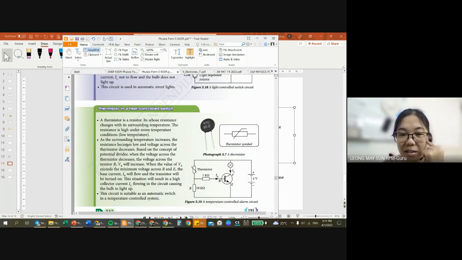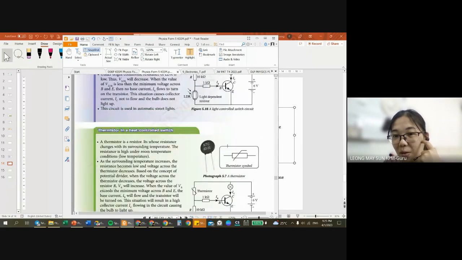If the resistance drops, the voltage across the thermistor also decreases. Same thing. Based on where we put the connection, it will cause whether the alarm goes off or not. For here, this is actually a light bulb. They can actually put an alarm over here.